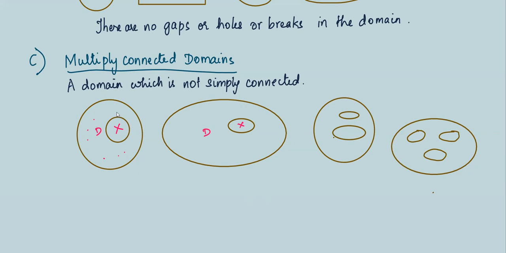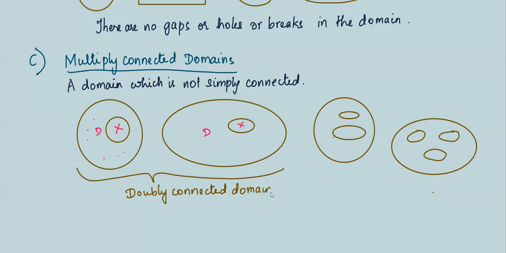Now, this has how many boundaries? Two boundaries. One, two. One closed path as a boundary, another closed path as a boundary. Same here. So these two are called doubly connected domain. You require two paths for boundaries. This is a triply connected domain.